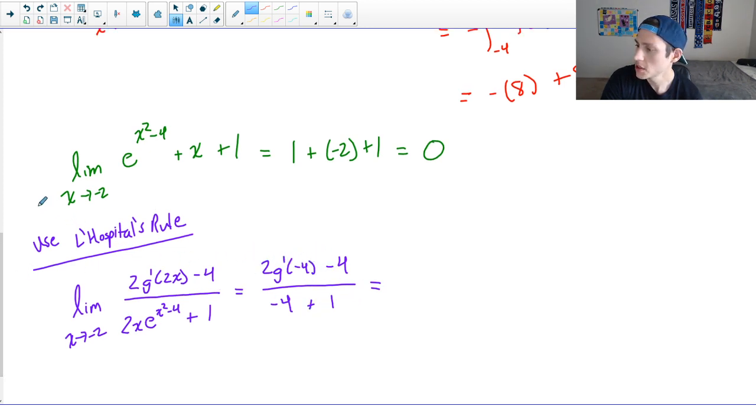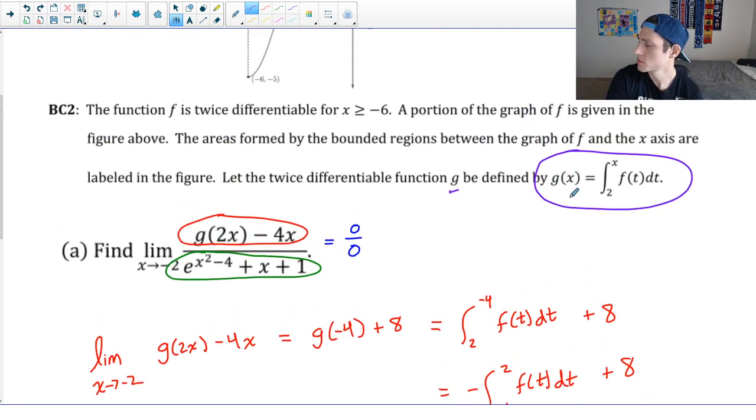Really now I just need to figure out what is g prime of negative 4. Well, hold on. Let's go back up here. If g of x is this function, then g prime of x is just equal to f. Technically that's the second fundamental theorem of calculus.